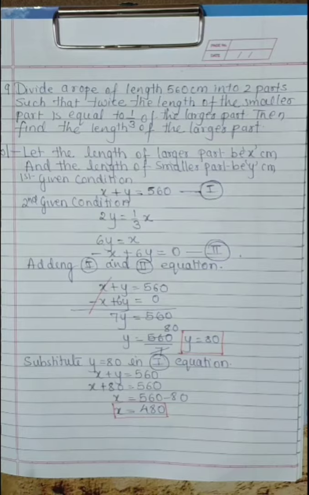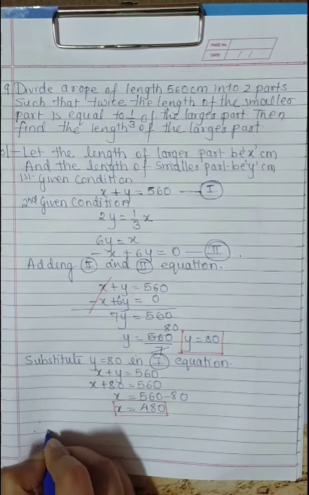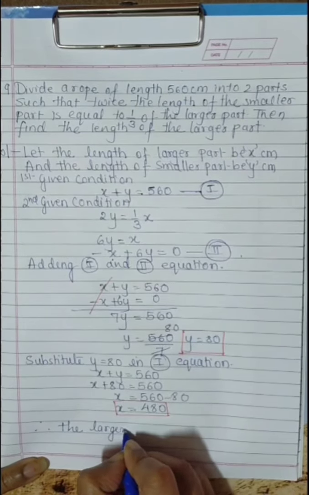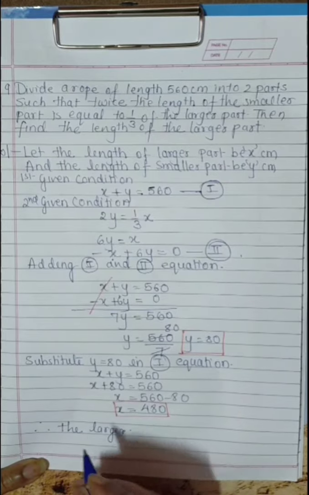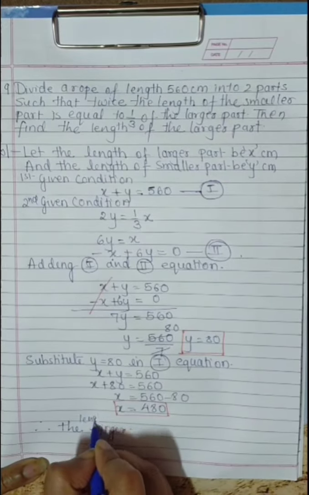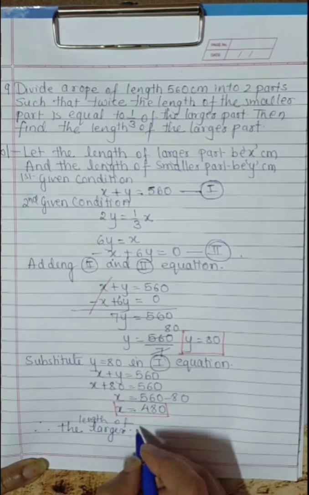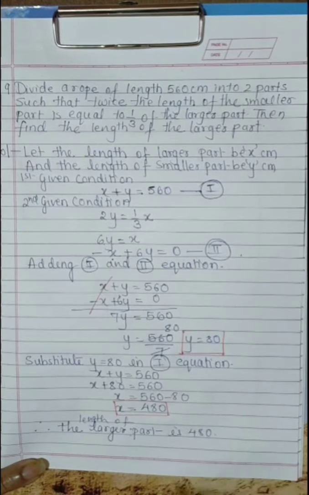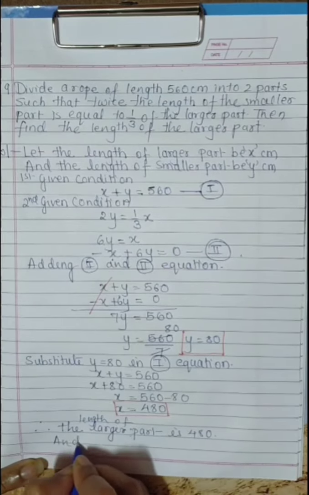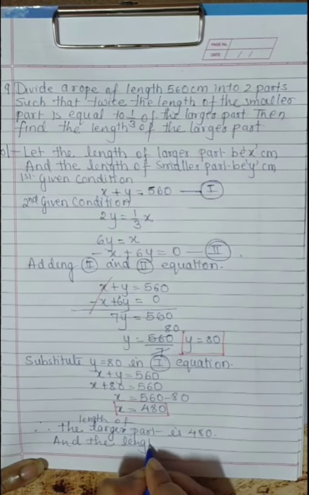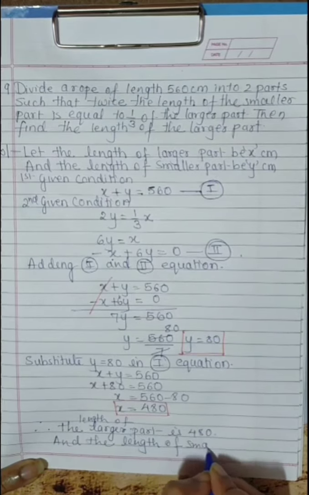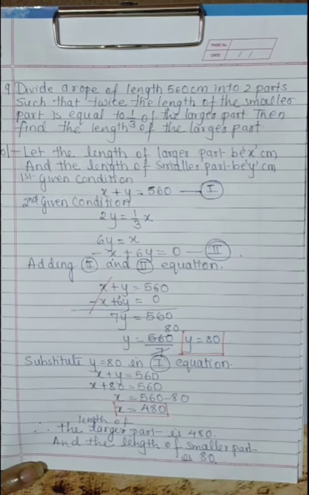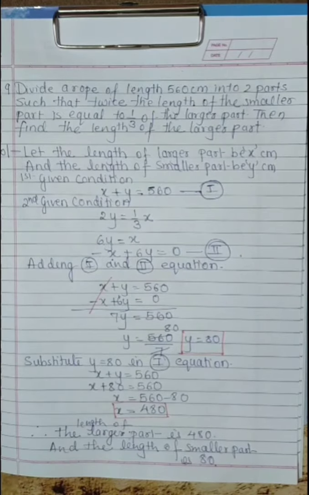Now we'll write: therefore the length of the larger part is 480 and the length of the smaller part is 80. Okay, I hope you understood question number 9.